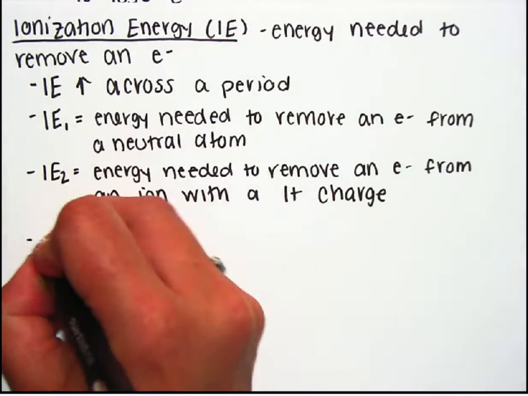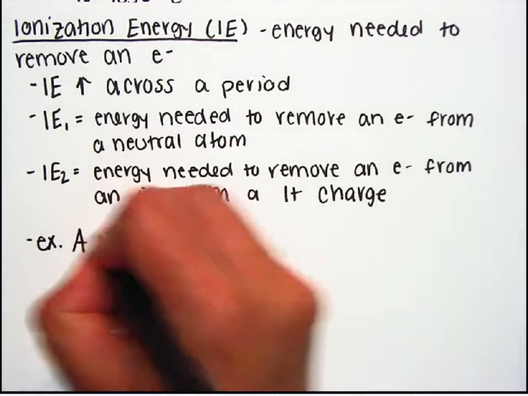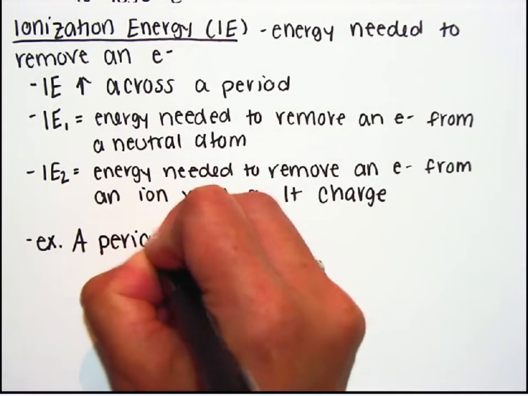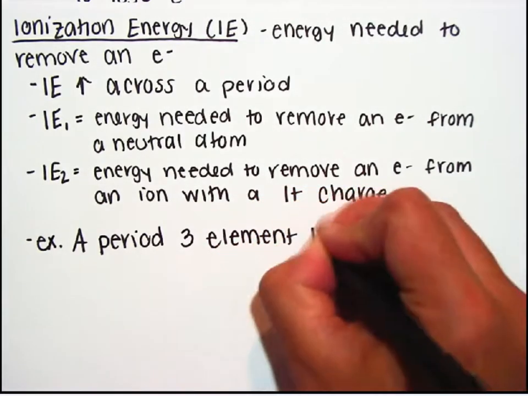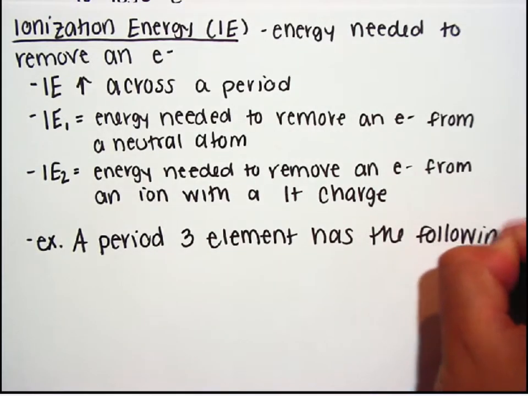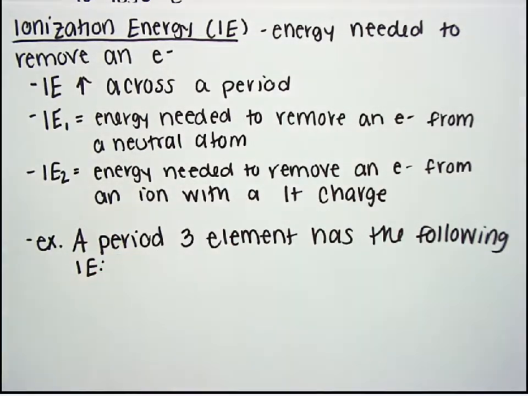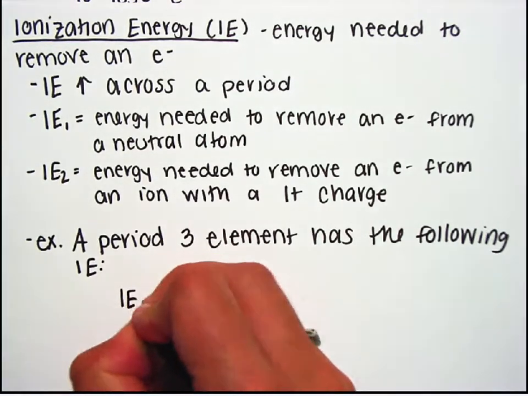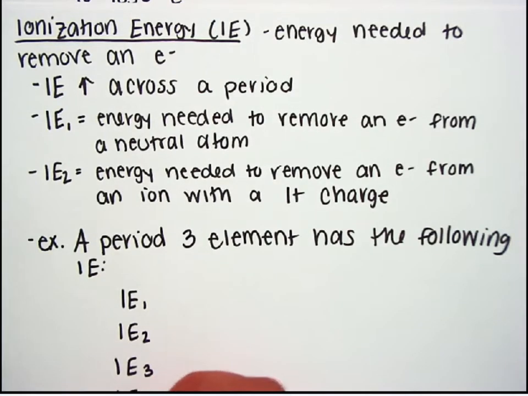Let's look at an example for ionization energy. Let's say you were told a period 3 element has the following ionization energies. And we have a little table: IE1, IE2, IE3, and IE4.